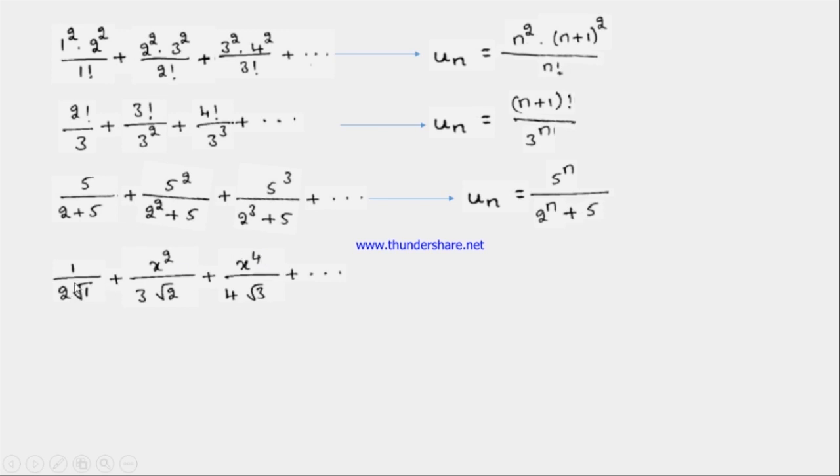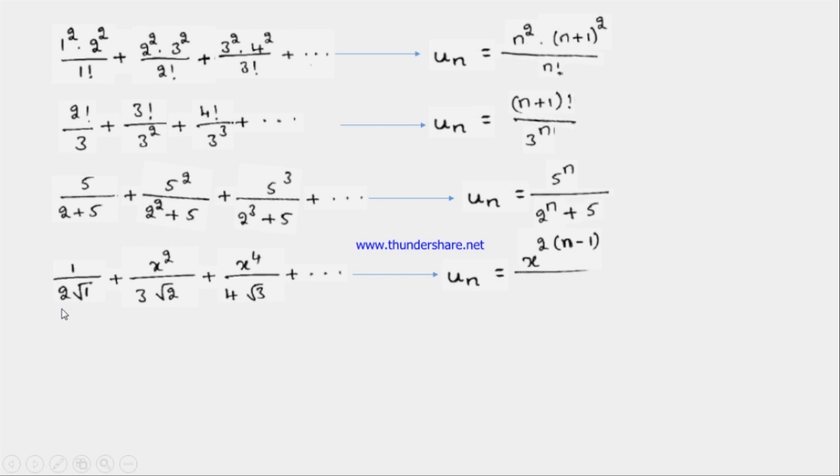So the first term is associated with 0, second term is associated with 1, third term is associated with 2, which means the 2 should be multiplied to 1 less than the number of the term. So in the power I should write x power 2 times the term number minus 1. Divide by 2.